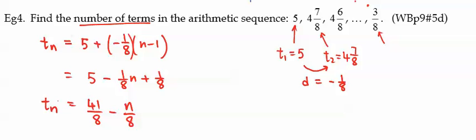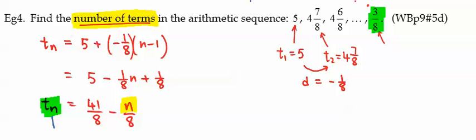But they want us to find the number of terms, which means find this. How many terms are there if you end up with 3/8 for your very last term?